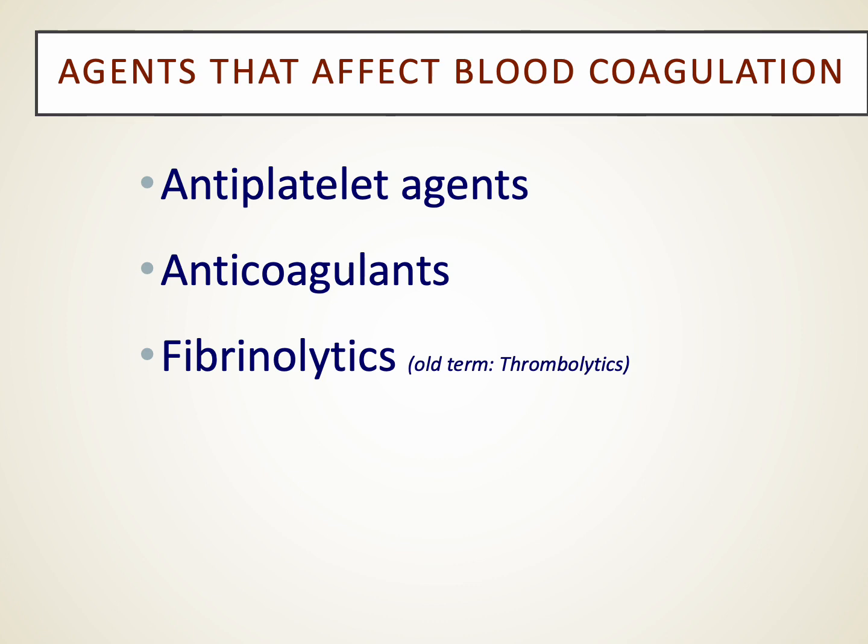So let's look at the basic factors involved in blood coagulation. This hopefully is a review from what you remember from anatomy and physiology, as well as other things you may have heard already in the hematology block. But the agents we're going to use are going to be either drugs that affect platelet aggregation primarily, or drugs that interfere with the clotting cascade at some point, the anticoagulants, or, to a much lesser extent but in more serious conditions, we might consider the use of fibrinolytics, or the older term, thrombolytics, which would actually dissolve an existing clot.